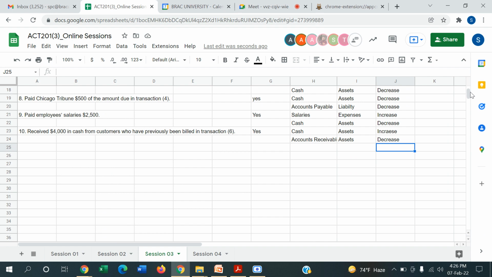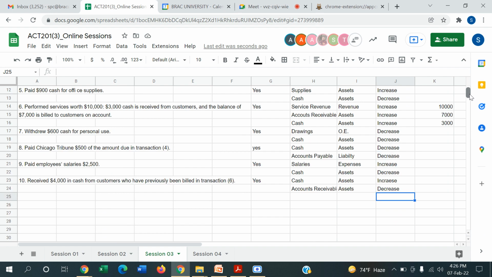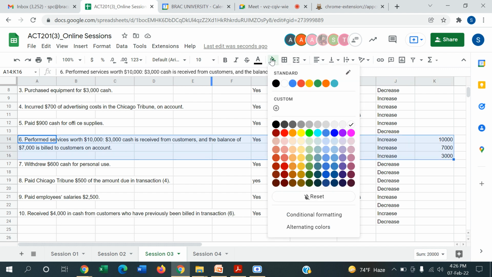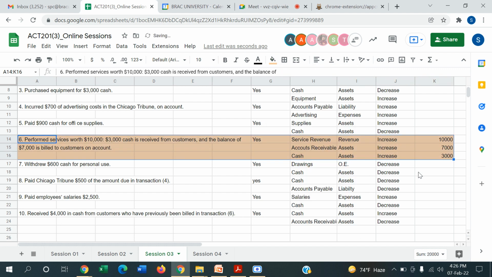Initially, you provided services on account of 7,000. That's why accounts receivable increases initially. That means you are supposed to receive this 7,000 sometime in the near future. So your receivable amount was 7,000. Now from this 7,000 you have received 4,000.